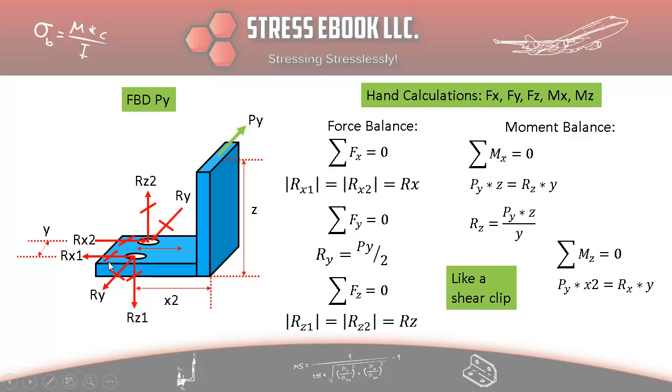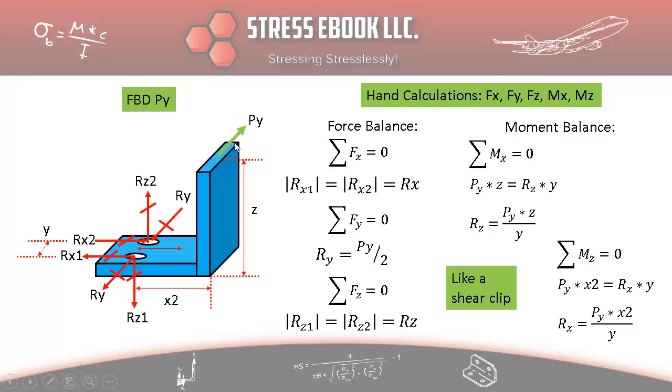And therefore the moment for that force couple would be the force that is the same for both of these times the distance between the two fasteners, and that would again be y. Okay, so there you have that equation, and from that we can calculate what our x is, Py times x2 divided by y, right?